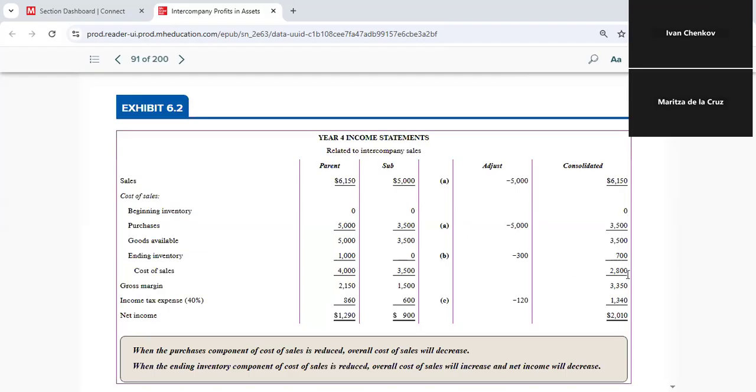Once we get that, we're going to estimate the cost of goods sold related to the 6,150, and we're going to have the income tax expense, which we're going to reduce by 120, which is related to the ending inventory that has been eliminated. And the net income is only $2,100, related only to the portion of the inventory that has been sold at the original cost of sales, $2,800.